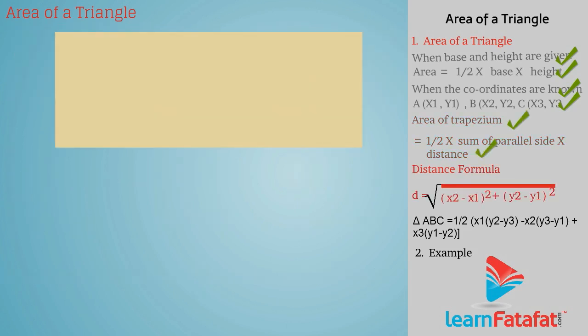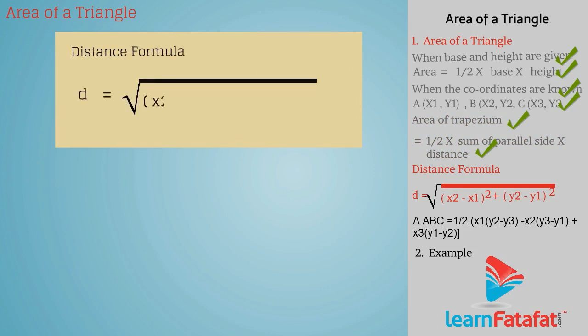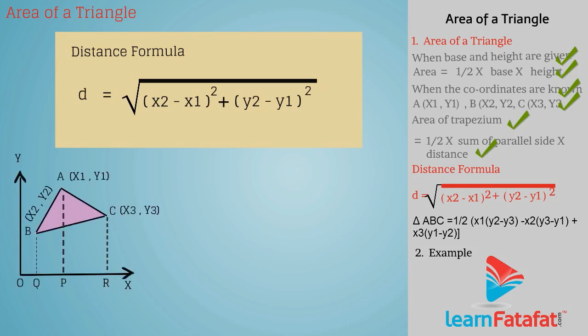Now to find the distances of the lines, we use distance formula, that is, D is equal to square root of (x2 minus x1) squared plus (y2 minus y1) squared. Using distance formula, we can calculate distance of QP as follows. For Q, the x-coordinate is x2 and the y-coordinate is 0.